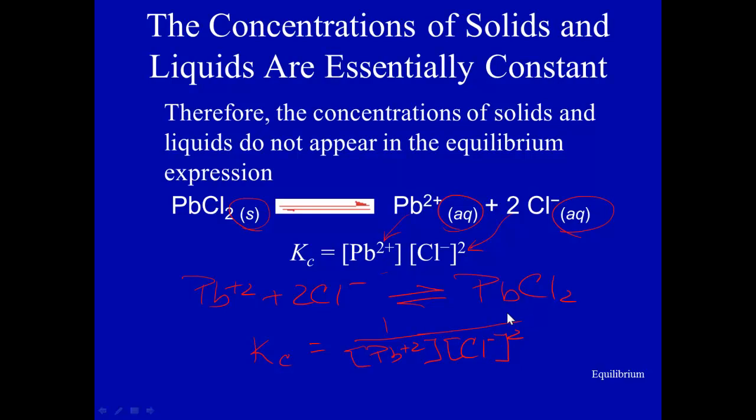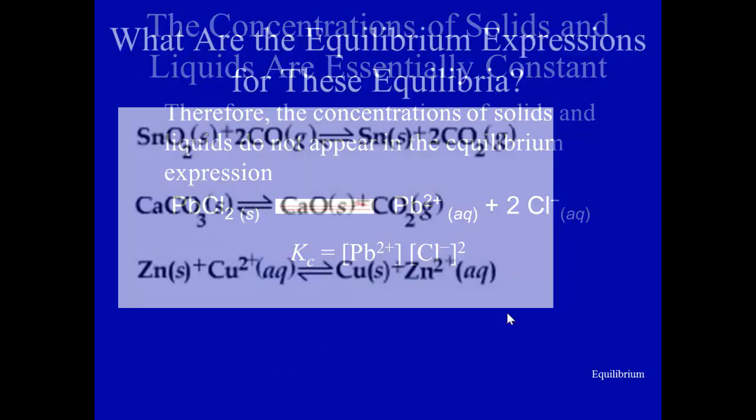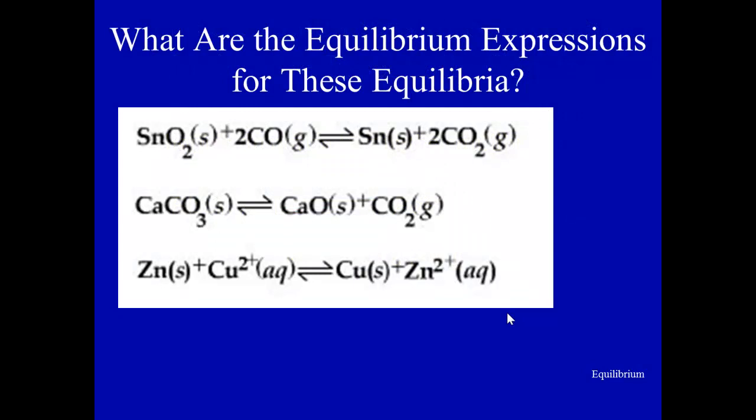Mathematically, they're actually going to work out the same, and we'll see that over the next few days as we do calculations. So even though I reversed the reaction, the Kc is going to come out to be equivalent. But just know that you can have no numerator and no denominator depending on the type of equation that you are given to solve. So take a moment, pause right here, and try to write the equilibrium expressions. Then when you're done, unpause and we can check those answers.